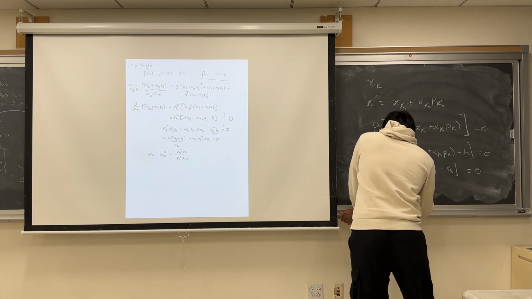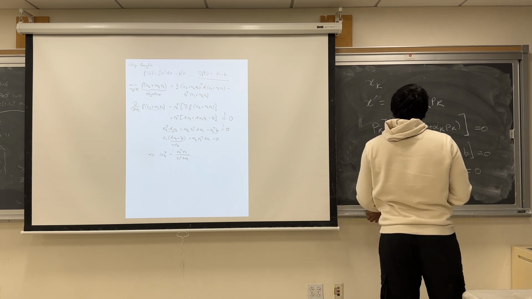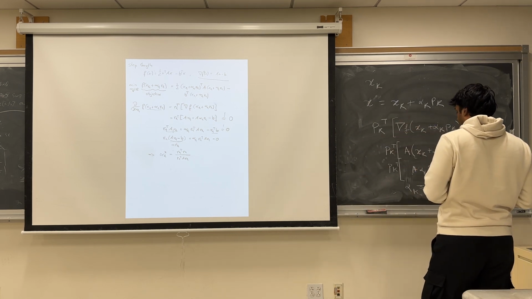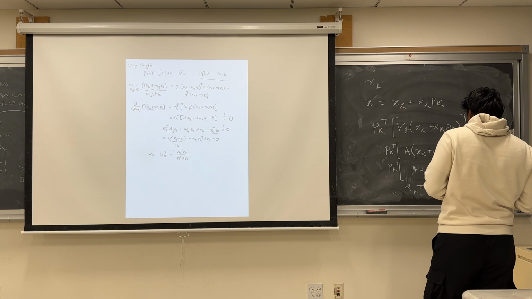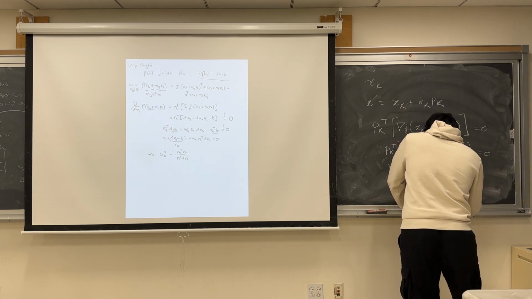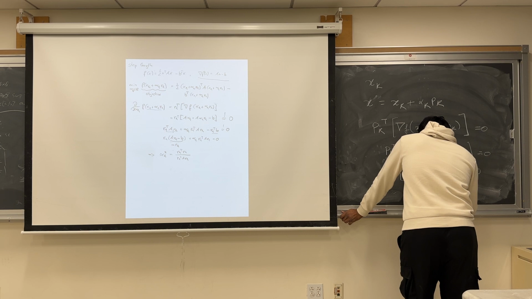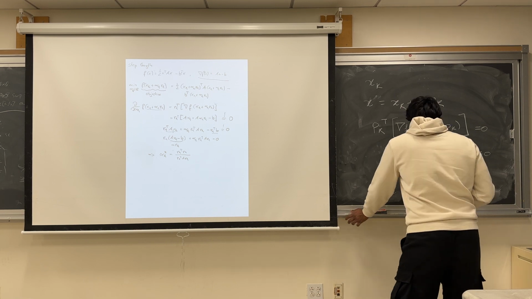So my alpha k, my alpha for the next step, is pk transpose rk divided by pk transpose A pk.